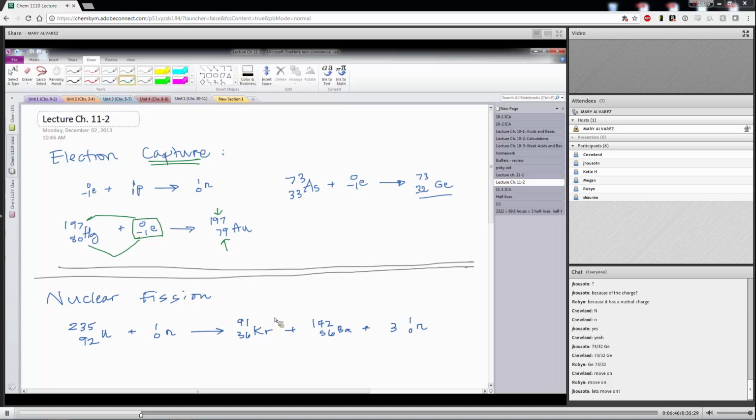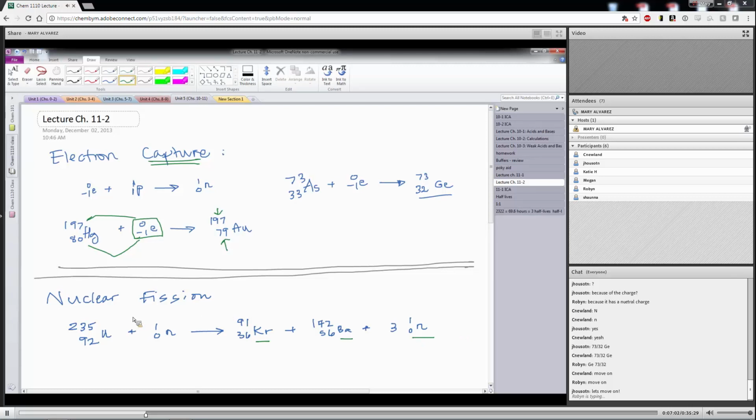So what we got here then was a krypton nucleus with a mass of 91, a barium atom with a mass of 142, and 3 individual neutrons that are formed as a result of this reaction.